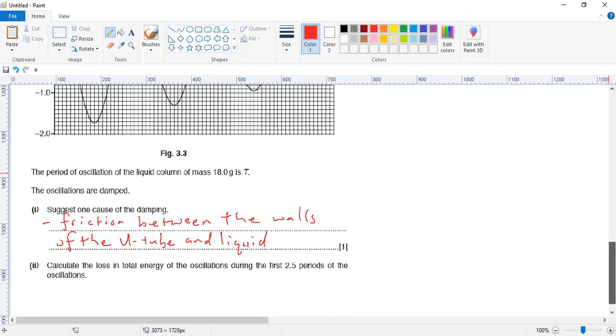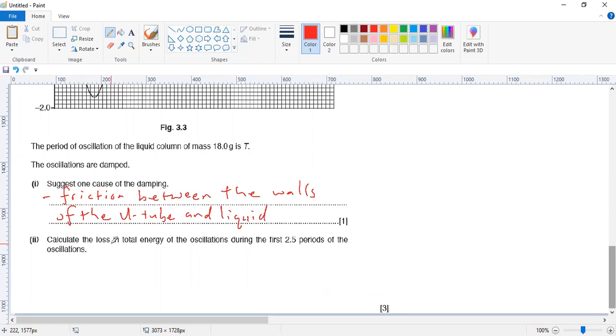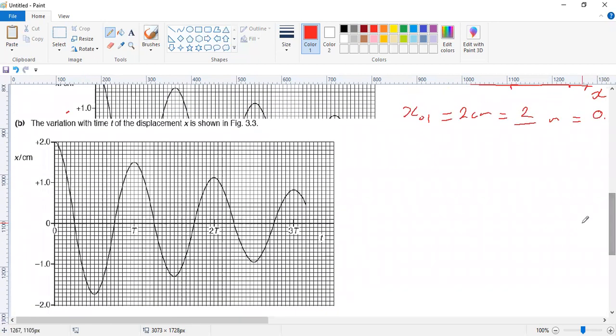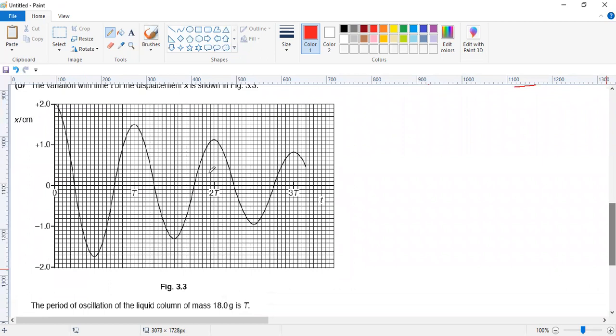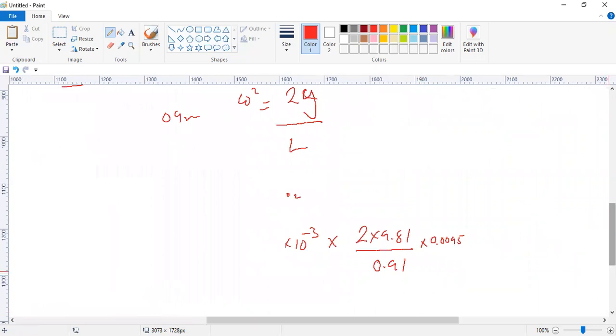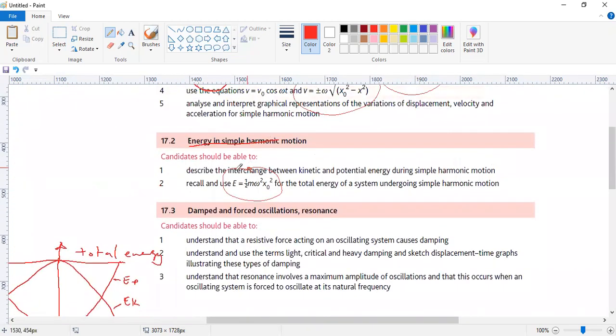All right. Calculate the loss in total energy of the oscillations during the first 2.5 periods of the oscillation. So what do we know about energy of the oscillations? From our syllabus, we have this formula. E is equal to half m omega squared x naught squared. Right.